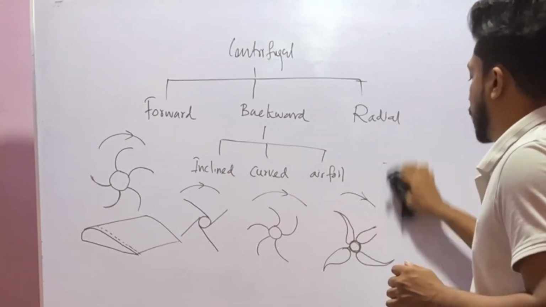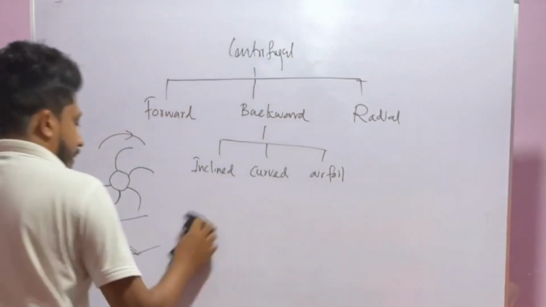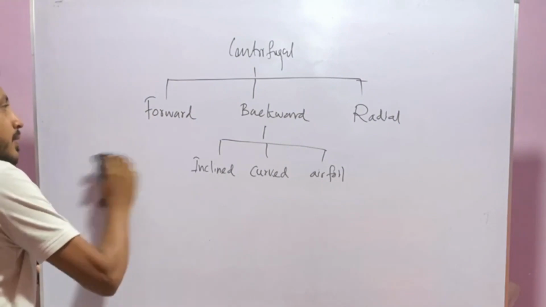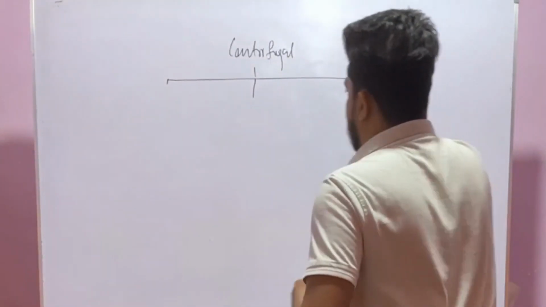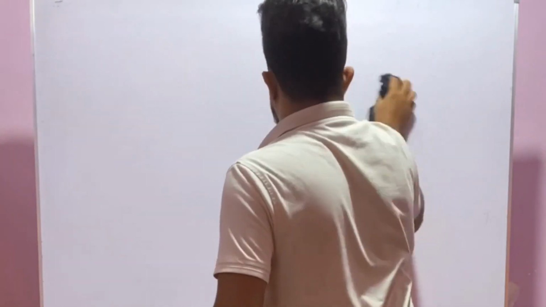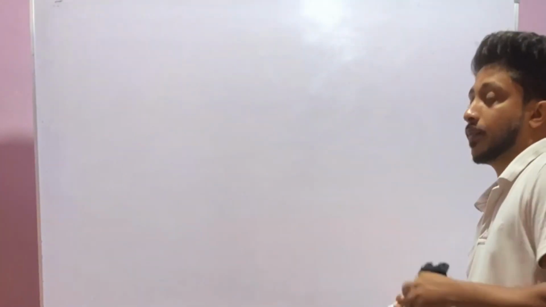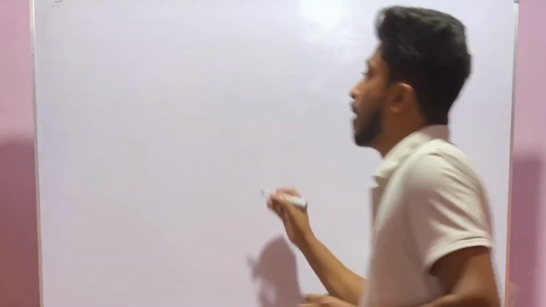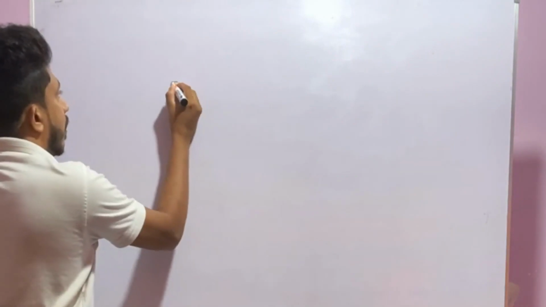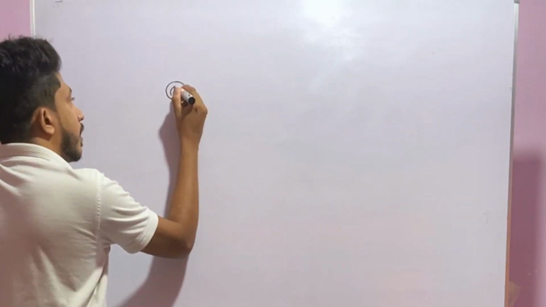Okay. So due to the shape of the impeller, the characteristics of fans vary. Let's see how we can analyze those things. For that, we have to draw the velocity diagram of these impellers. First, we will look at the forward curve fan.